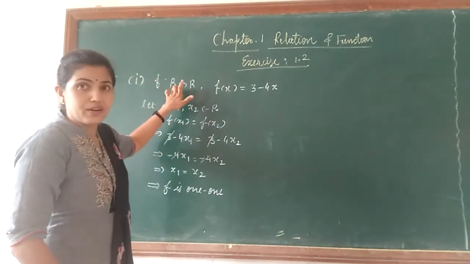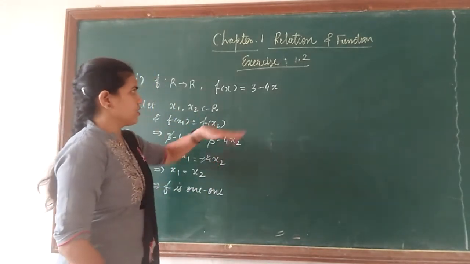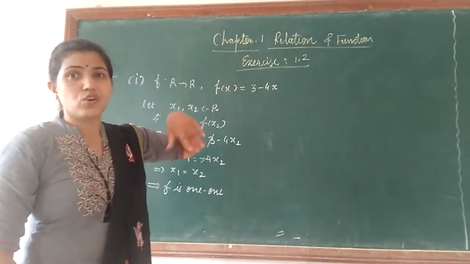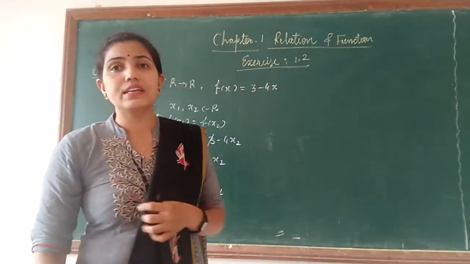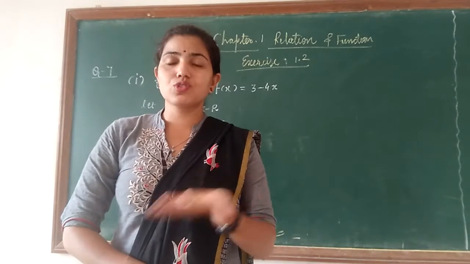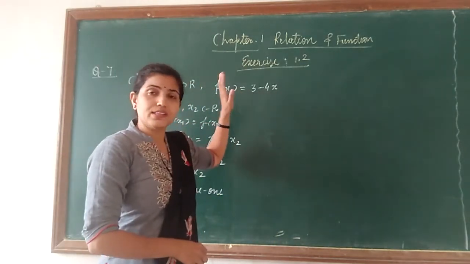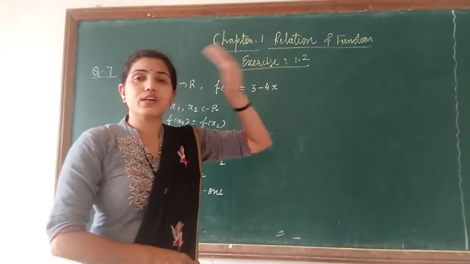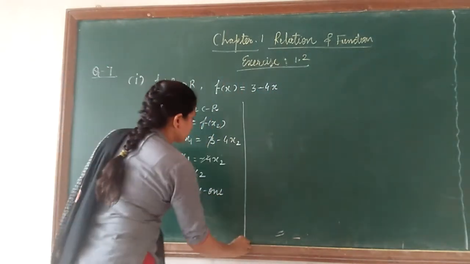As it is a real number, we are not finding the range, or we can find the range, there is no problem, because 3 minus 4x is a linear function. So now we are using the definition for this function.